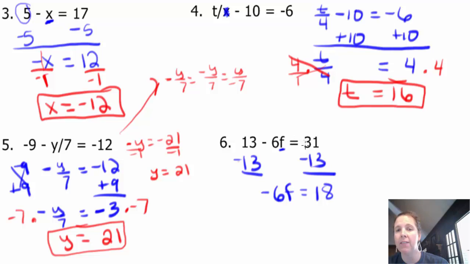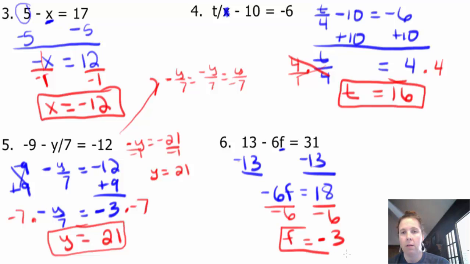Remember you have a positive and a negative, well, that's just normal, 31 minus 13. Okay. Now we're going to divide by negative 6. F equals negative 3. Okay? There we go.